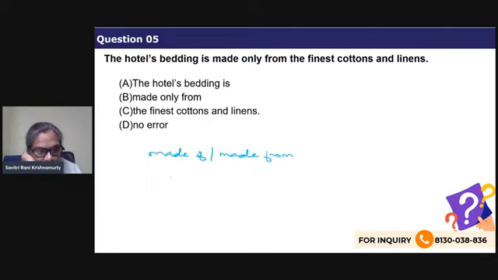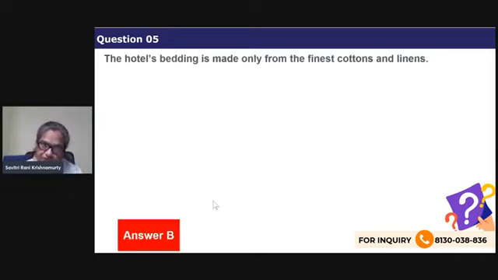See, linen, cotton, these tables, chairs, linens, cotton, bed sheets are made of cotton, of linen, because the material remains the same. If there is a process and that's only the original source, you use from. So in this case, you're supposed to use of. All right.